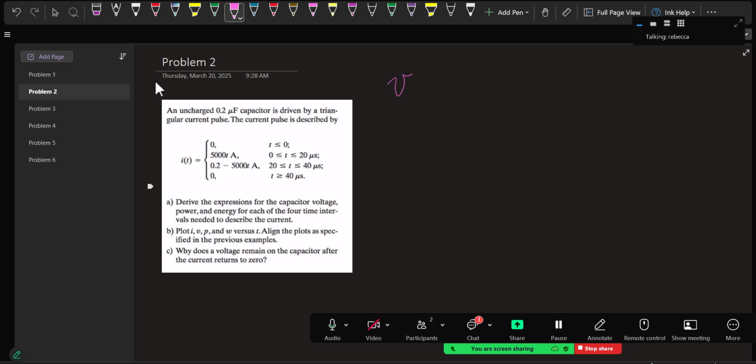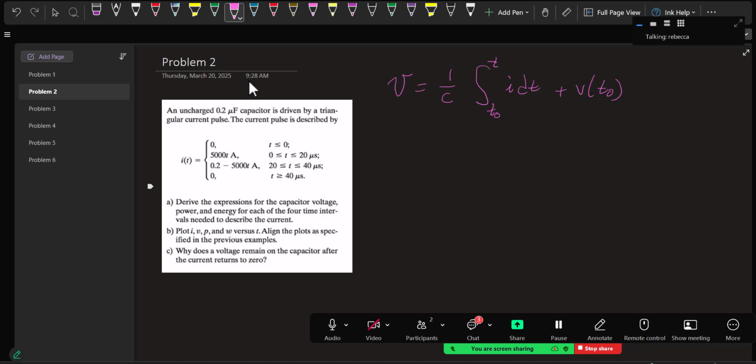So let's remember our expression for voltage from current. It is 1 over C, the integral from the time that we start to t of i dt, plus the voltage at the time that we start. And remember, these are not going to give us numbers, these are going to give us functions, because we're trying to get a function of time.